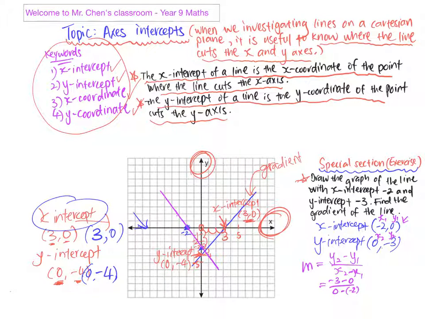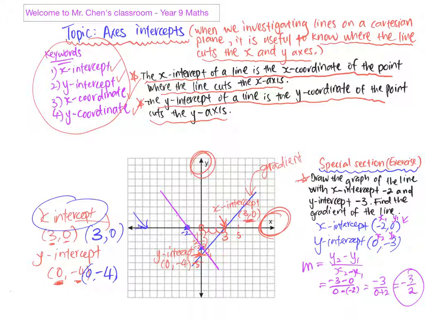Remember, look at me, I almost forgot the sign. You always need to put the sign correctly. So 0 minus -2. The end product would be -3 minus 0, which is still -3, divided by 0 minus -2, which becomes 0 plus 2, so -3 divided by 2.